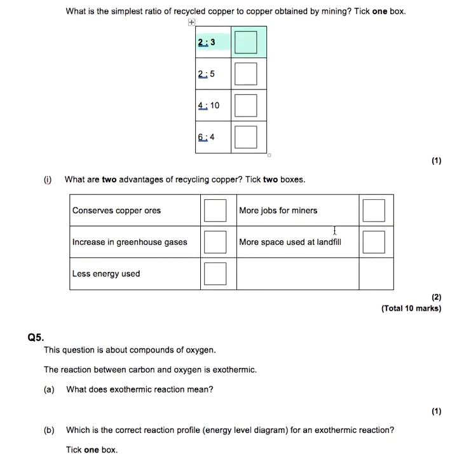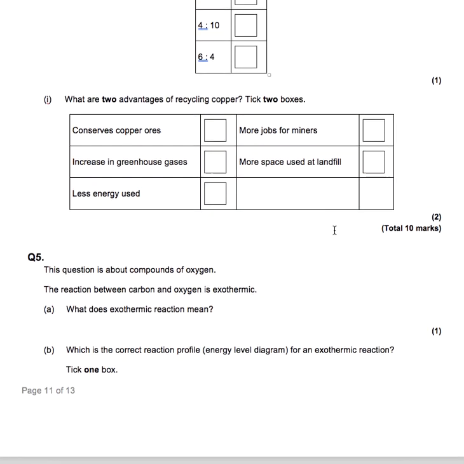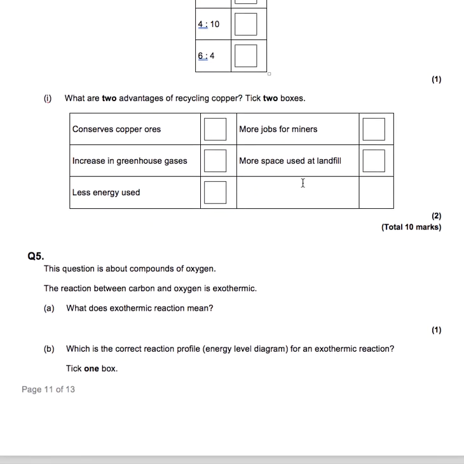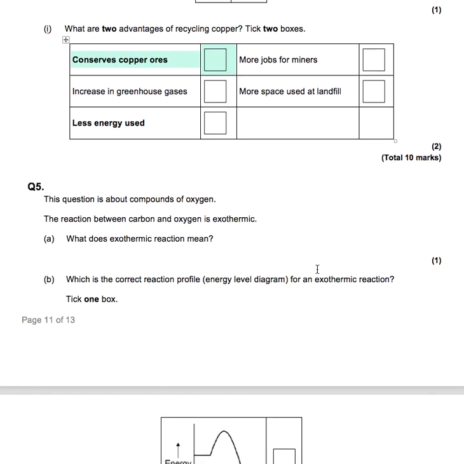What two advantages of recycling copper are there? Well, if you're not extracting it, you're going to use less energy. There's one obvious answer. And of course, if you're not extracting it, then you keep your copper ore. It'll last longer.